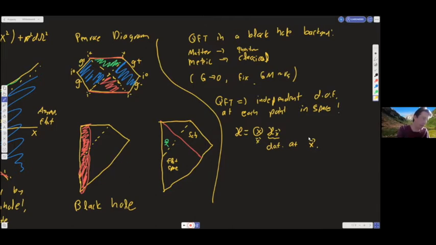If I'm talking about a space-time point, I won't put the arrow. So, for example, we could consider a scalar field theory.